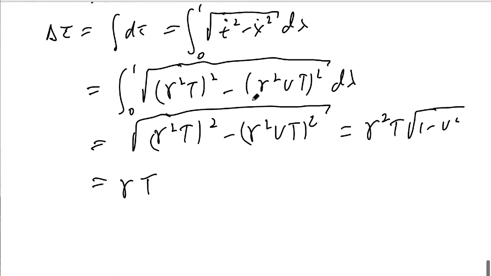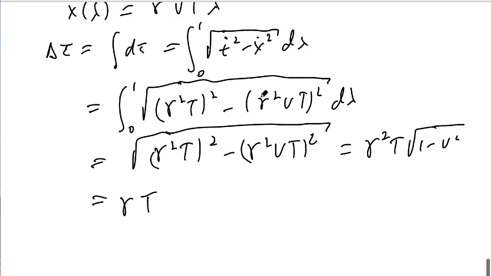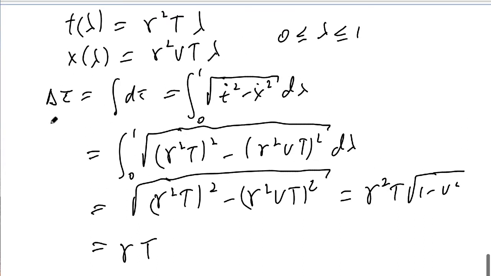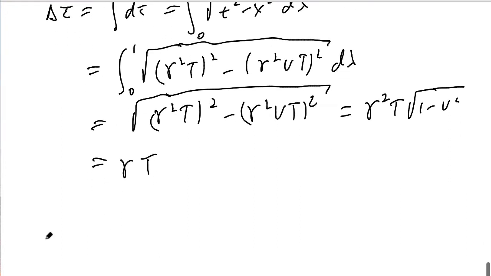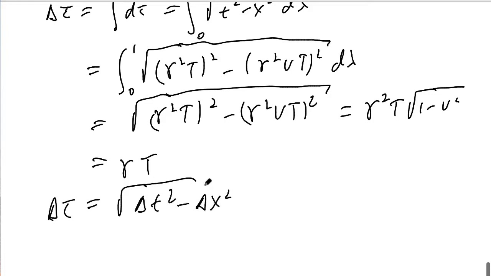Now, of course, in this case, when we're dealing with flat space-time and Minkowski coordinates, we don't really have to be so fancy as to parameterize the curve. This result, delta tau, is just what we get if we compute the change in the t-coordinate squared minus the change in the x-coordinate squared, square rooted.